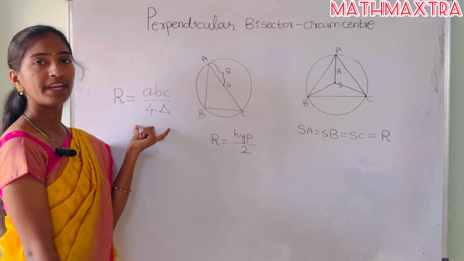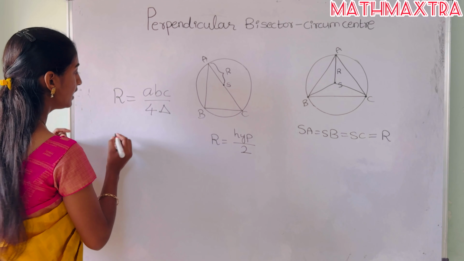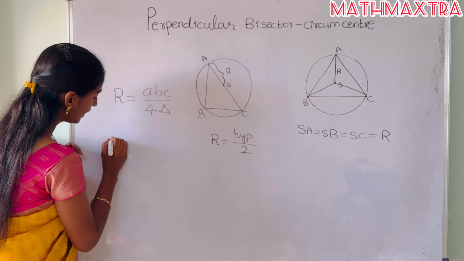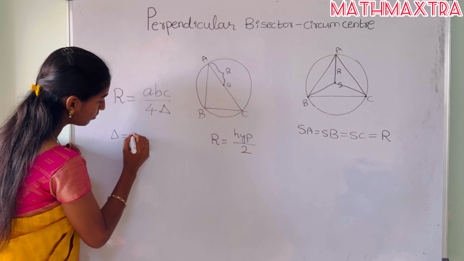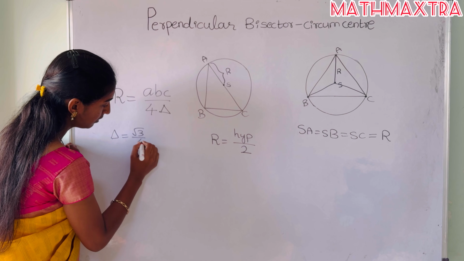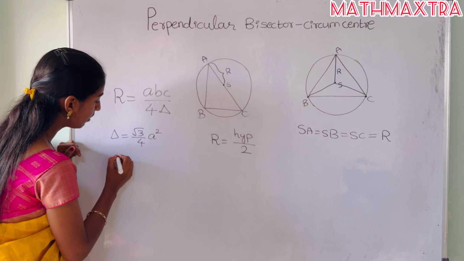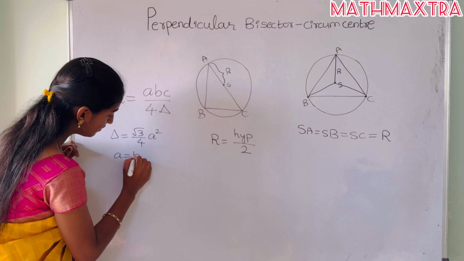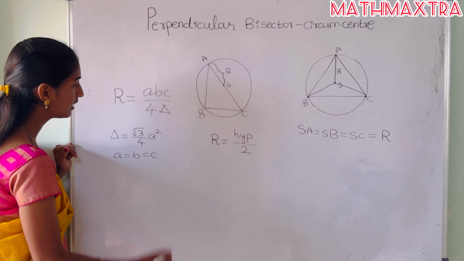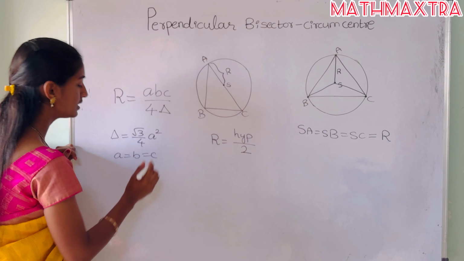Now consider an equilateral triangle. What happens in an equilateral triangle? The area of the equilateral triangle is root 3 by 4 a square, right? And all the sides are equal, a is equal to b is equal to c. You substitute these in the formula.